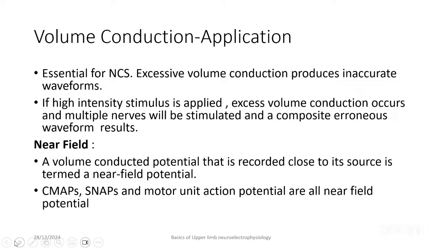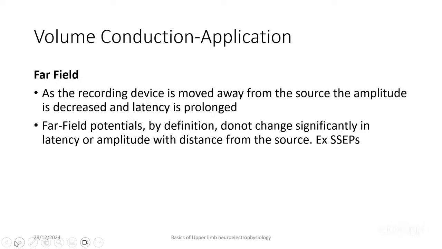You have near fields and far fields. What is a near field potential? A volume conducted potential that is recorded close to its source is termed a near field potential. Compound muscle action potentials, sensory nerve action potentials, and motor unit action potentials are all near field potentials.